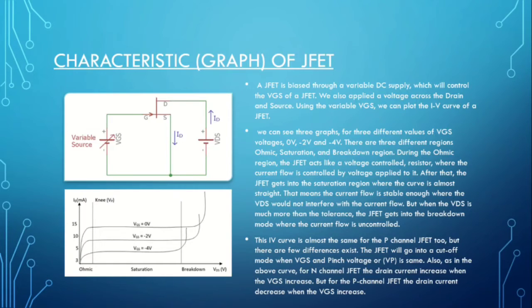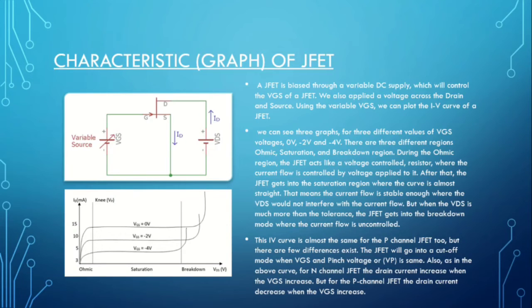But when the VDS is much more than the tolerance, the JFET gets into the breakdown mode where the current flow is uncontrolled. This IV curve is almost the same for the P-channel JFET too, but there are a few different axes. The JFET will go into cut-off mode when VGS and pinch-off voltage or VP are the same.